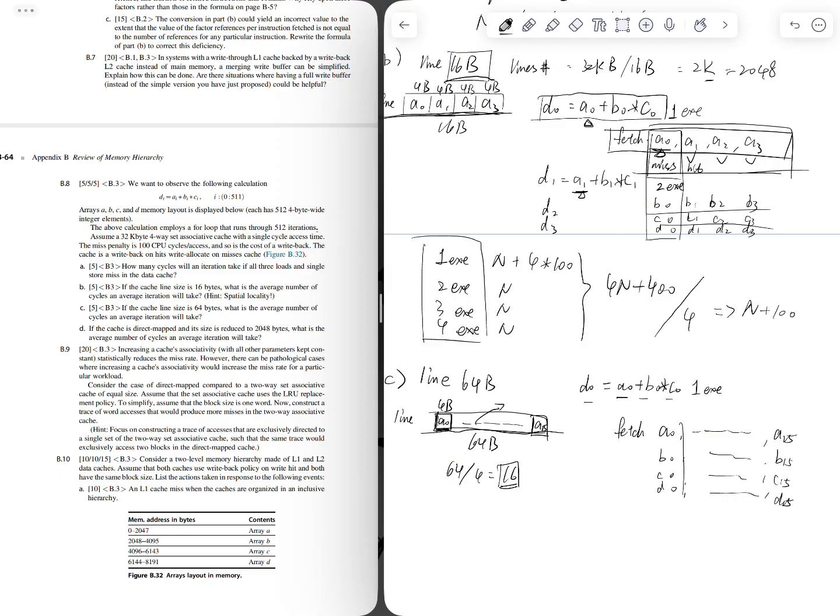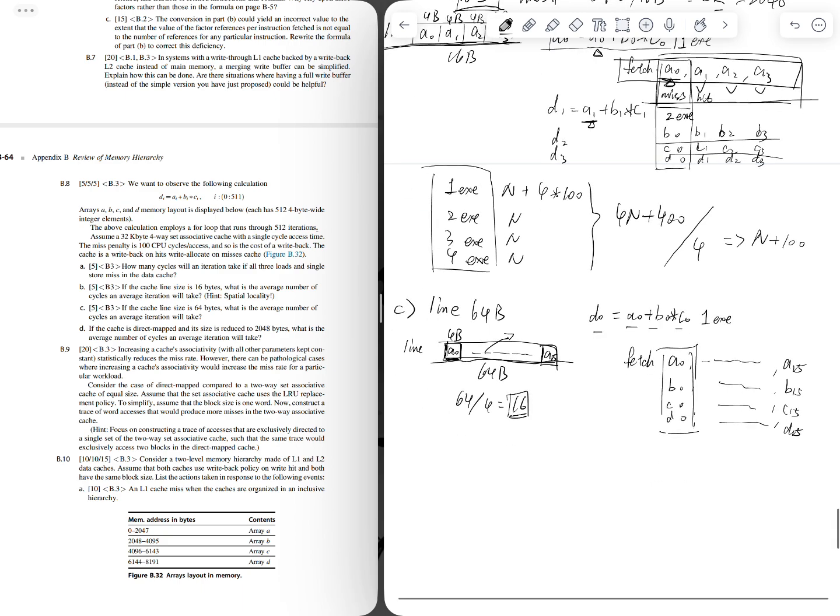So although the first iteration is a miss, the last 15 are all hits, which is really good.